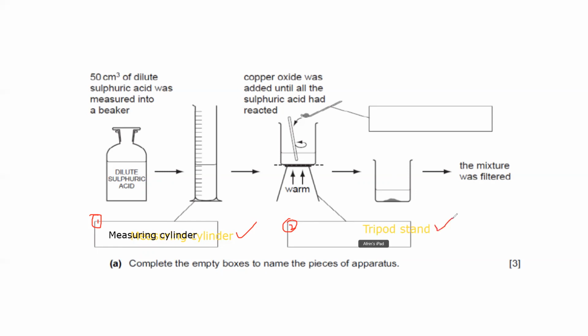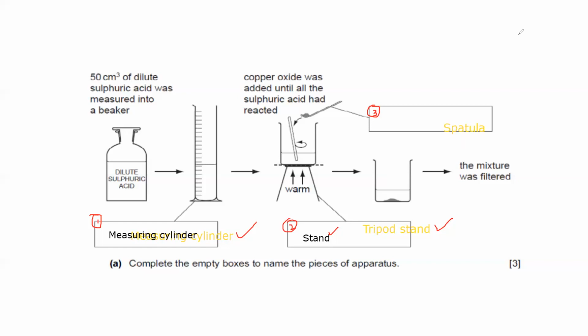A tripod stand or a stand. And what about box 3? Stand is acceptable, but normally we use a tripod stand. So it's better to write the full name, tripod stand, but stand will also give you marks. What about box 3?